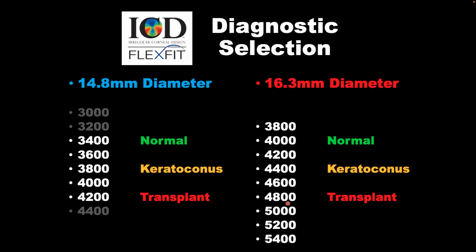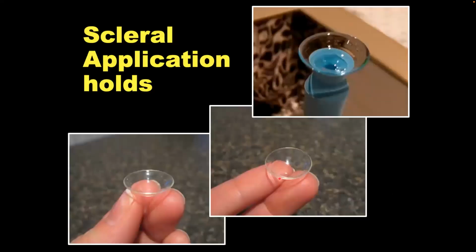So this is again the diagnostic selection of the lens. Just to go over what comes in the diagnostic fitting set. The scleral lens application, we already know. The most common is just to have the plunger and fill it with saline solution.